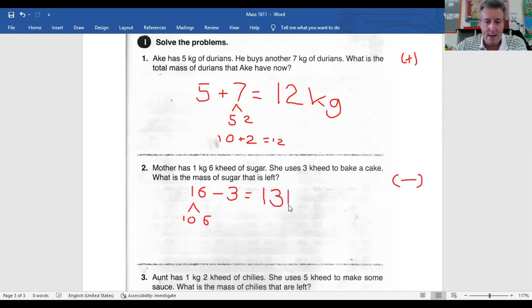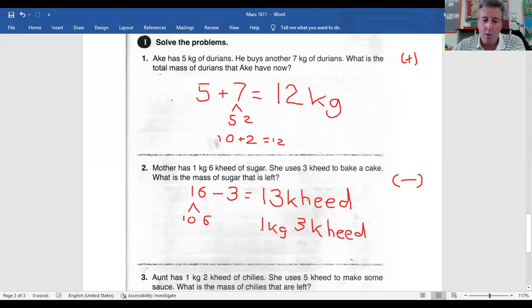13 what? 13 keyed or, we're going to have 3 answers. 1 kilogram, 3 keyed, or 1.3 kilograms.